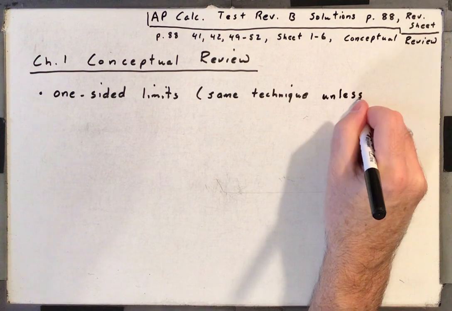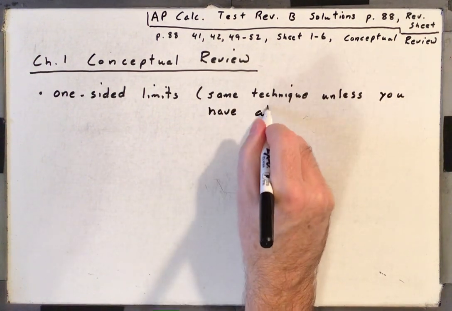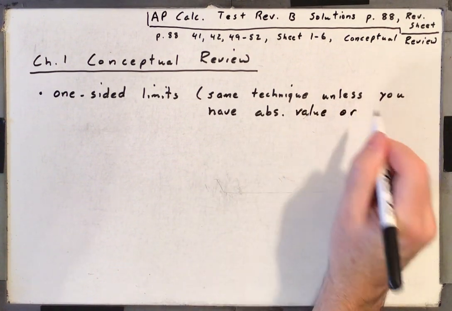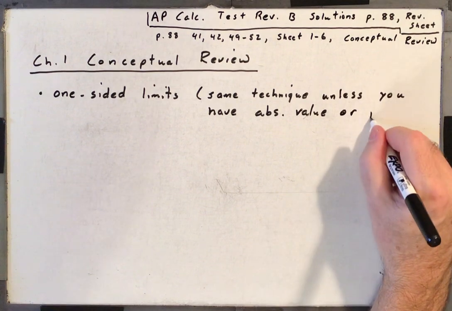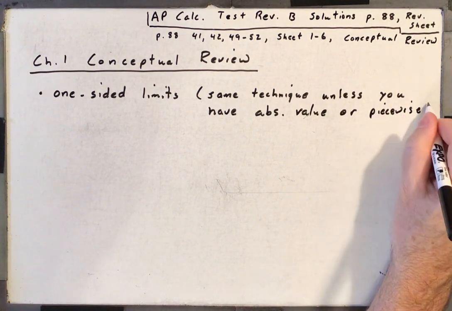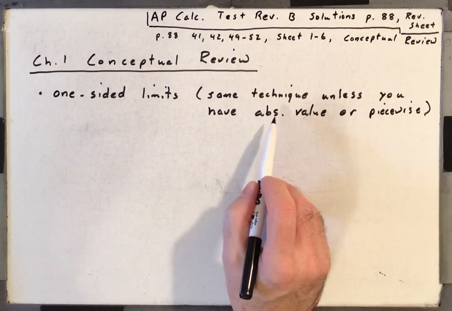Unless you have an absolute value function or a piecewise function. Then we had to use the small positive, small negative, that kind of thing.